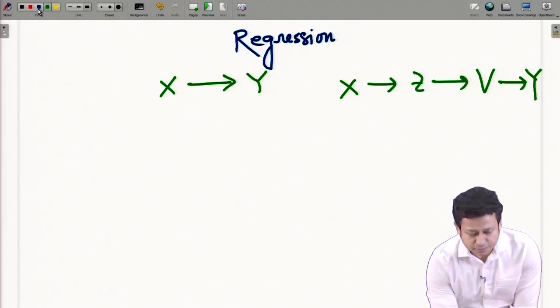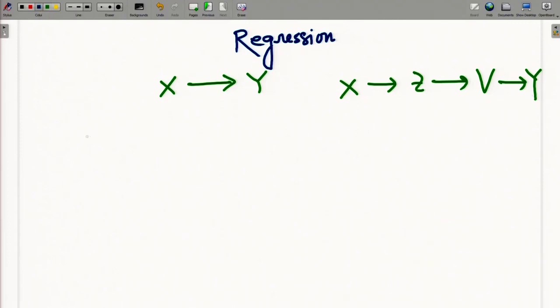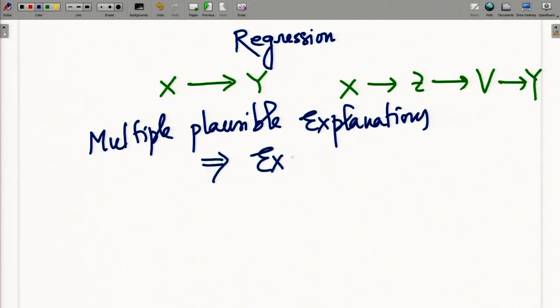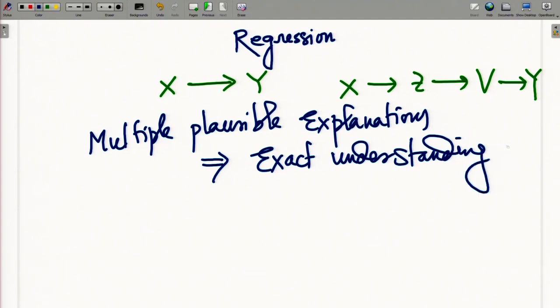There are multiple plausible explanations to every phenomenon, but when you do causal thinking, an exact understanding of why certain things happen is very important.